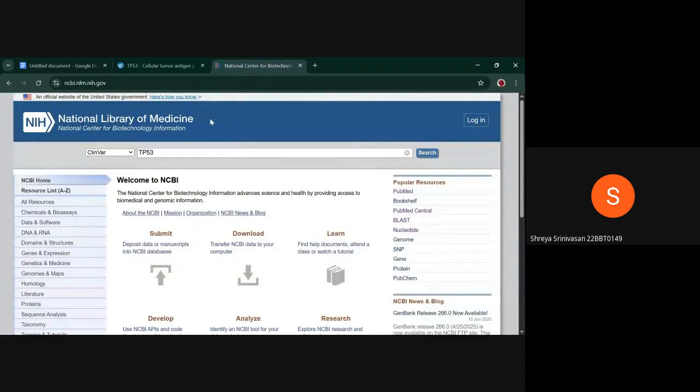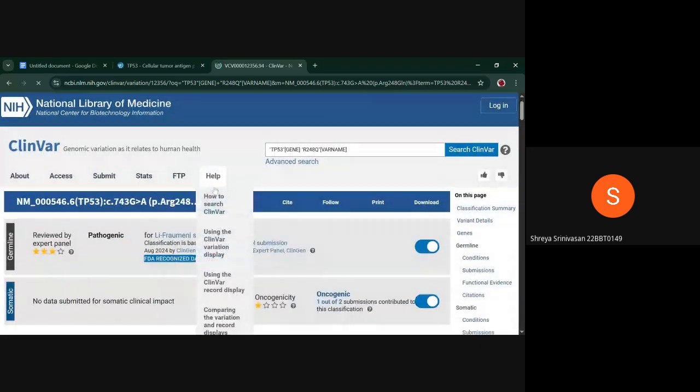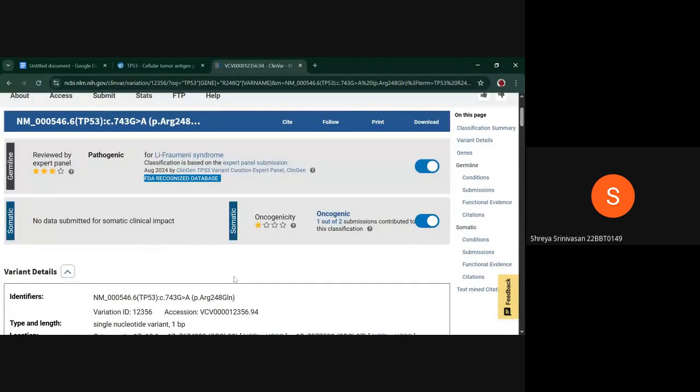So what we are saying here essentially is that in the TP53 gene, there has been a change at this position. That is what we are trying to input into the database. Just click search and you will get the classifications here.